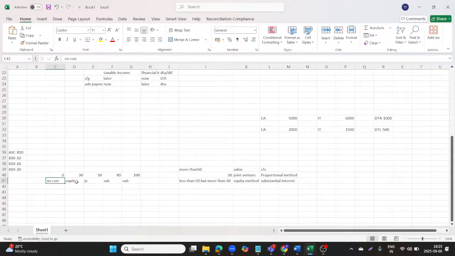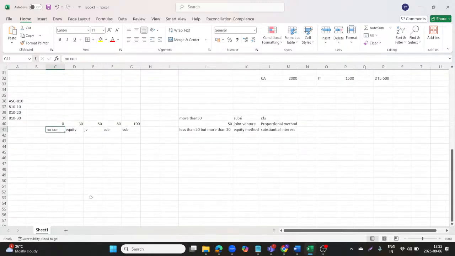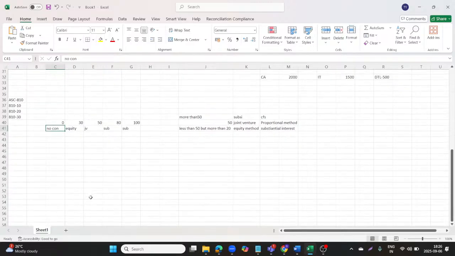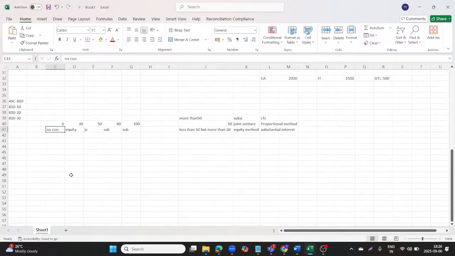The stock price has changed to 22, and when it was announced, it was 18. So the acquisition price would be based on the stock price at closing, which is 22, with 1 lakh shares.